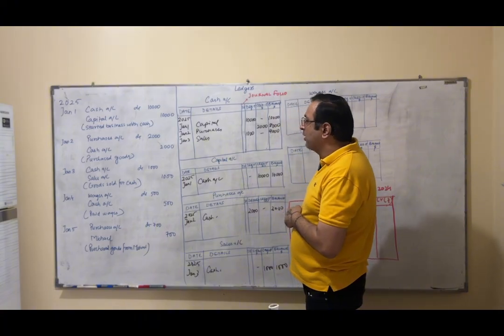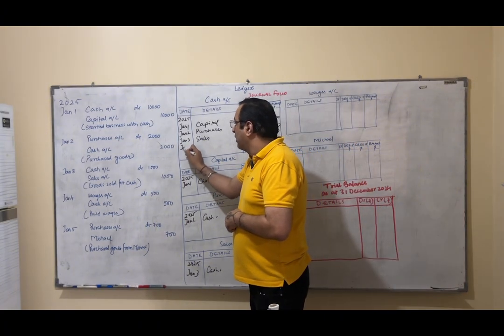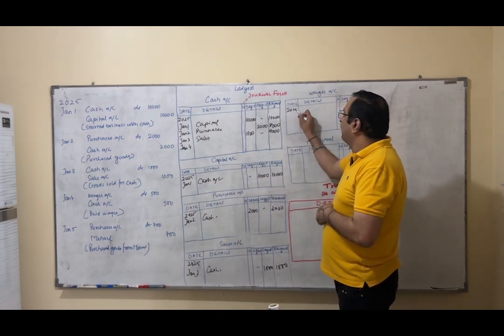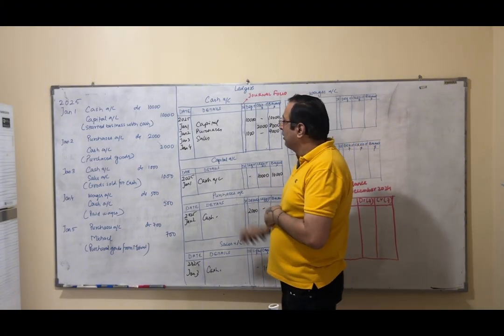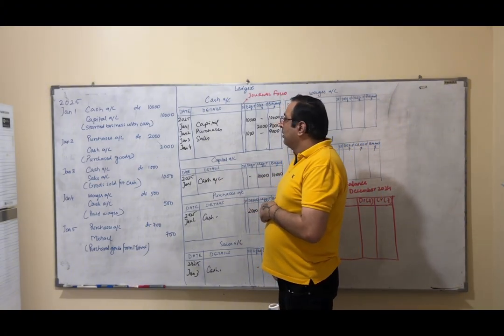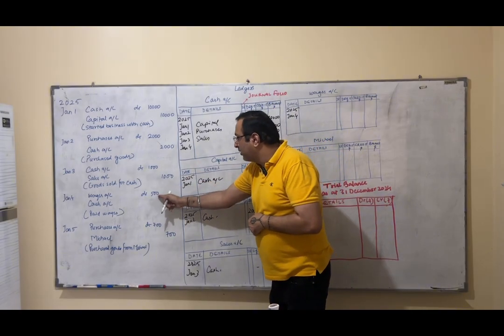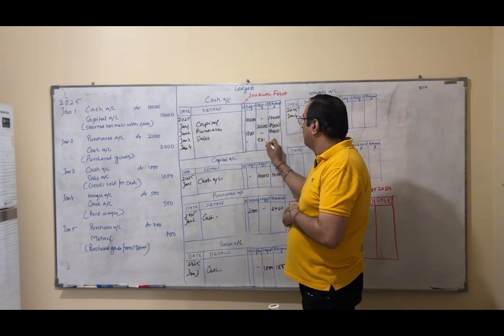Wages cash, two aspects. That means cash and wages. Let me copy here. Jan 4. Wages 2025. Jan 4. Right? Now, you can see wages, where is cash? Cash is in debit or in credit side, so I will write in credit side 500.